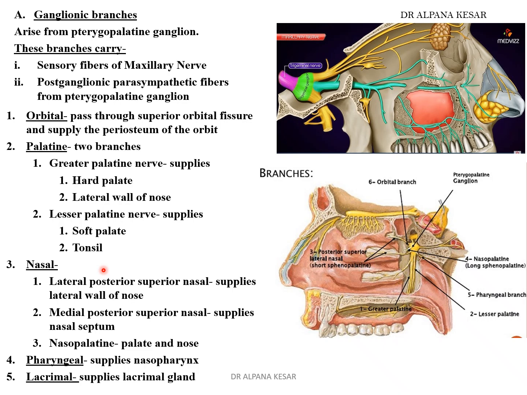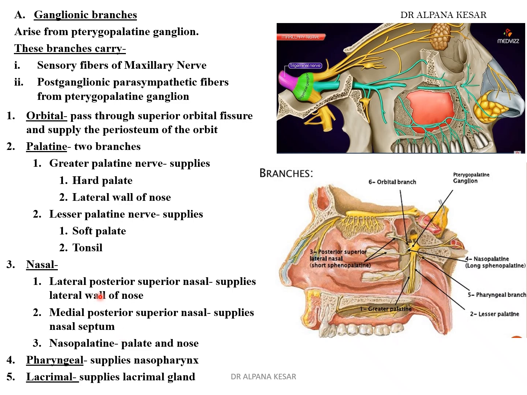The nasal nerve passes into the nasal cavity. It supplies the nose through three branches. They are lateral posterior superior nasal, medial posterior superior nasal, and nasopalatine nerve.